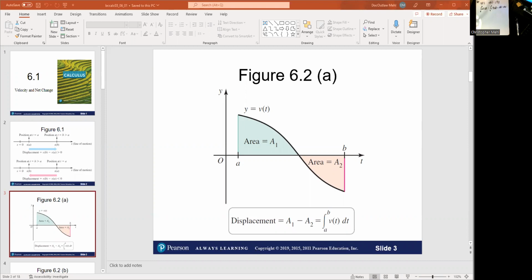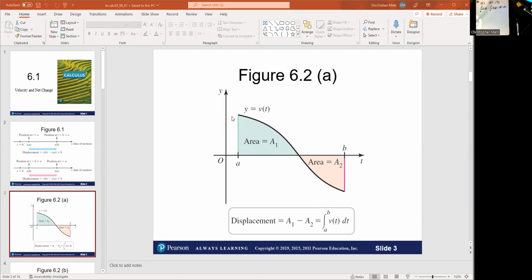Okay, so in a case like this, you see the definite integral gives displacement between times t equals a and t equals b. We see it's a net area.